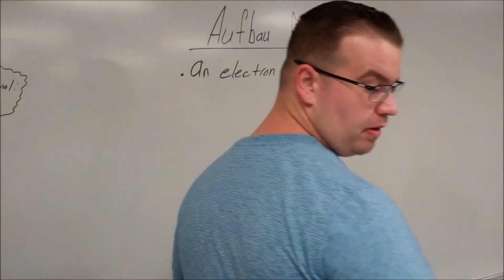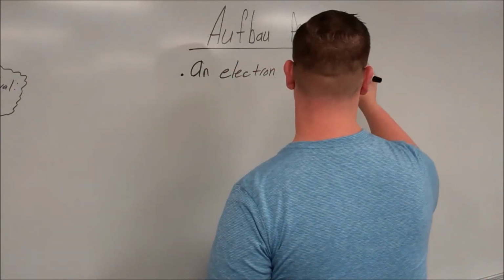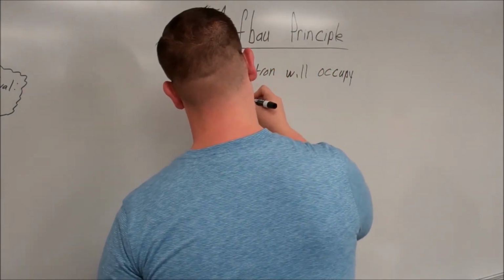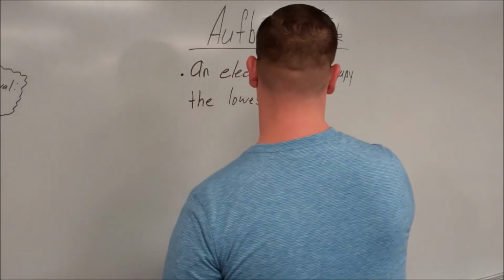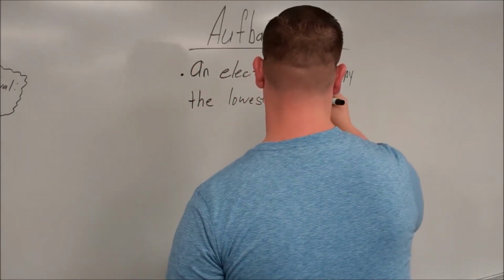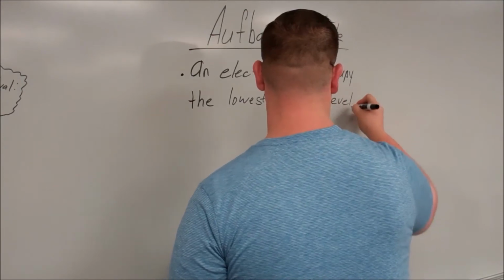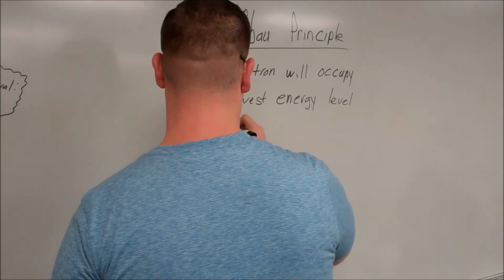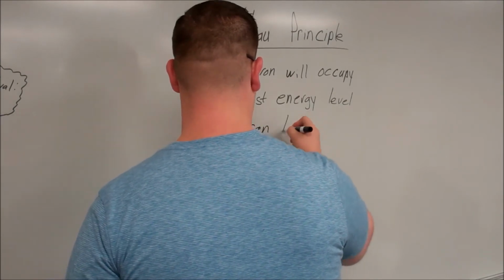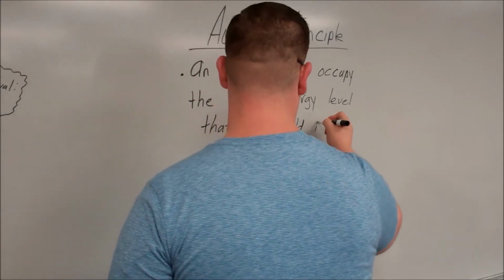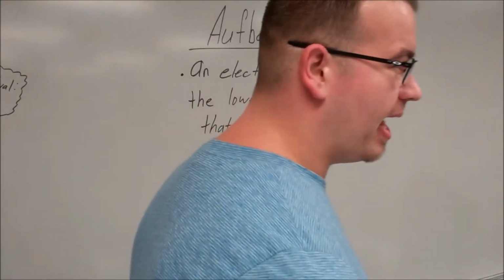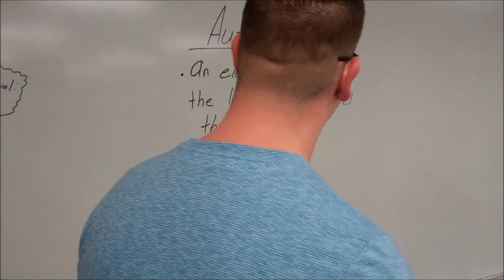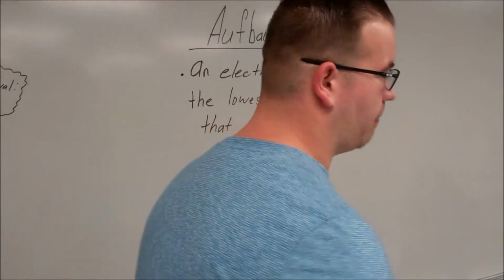That's a fancy way of saying it will always take the lowest energy level that can hold it. So you guys remember when we talked about excited states and ground states? That's what this is talking about. It always wants into the lowest energy level possible.